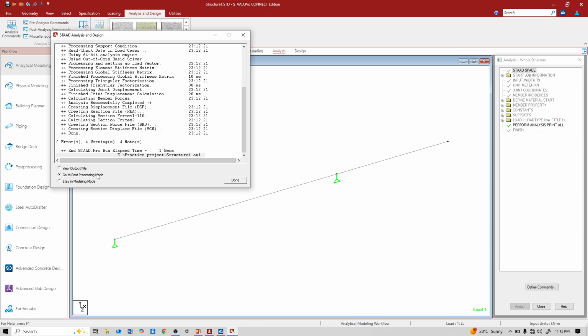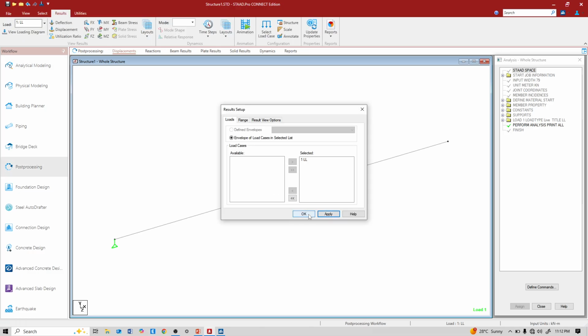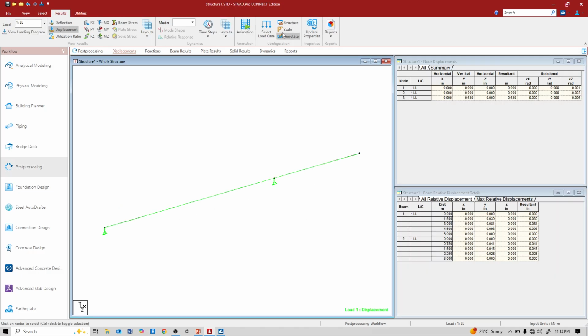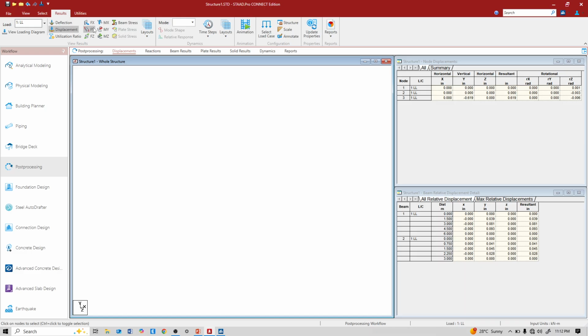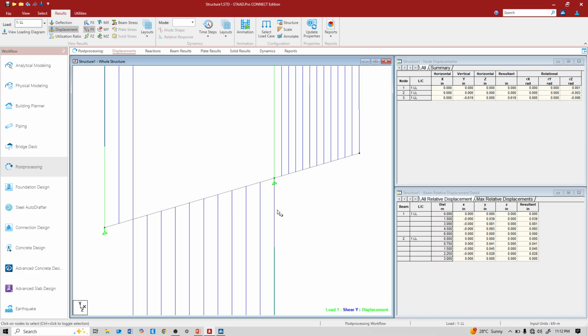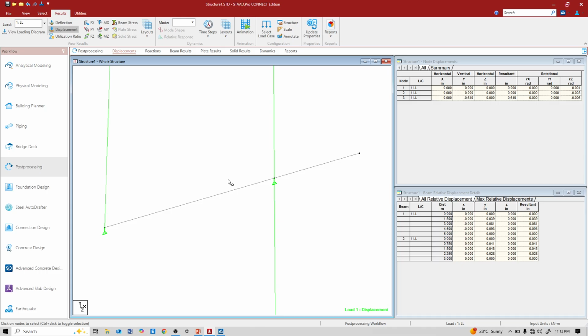So let's see bending moment and shear force for that live load. See deflection.